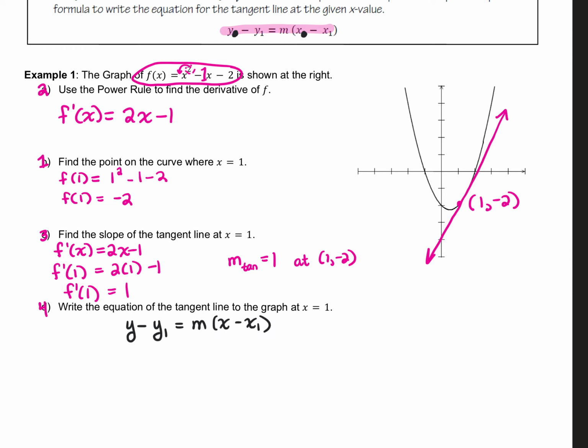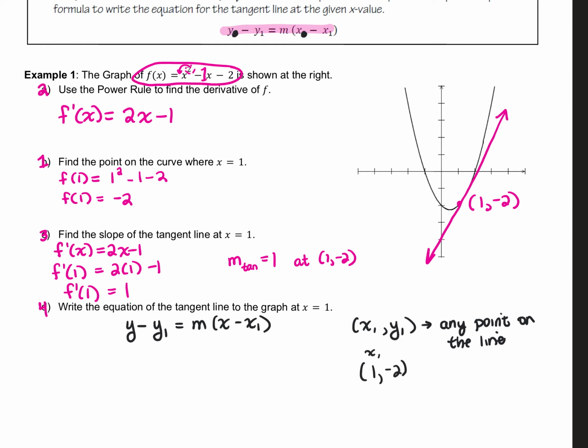This should be familiar. I think we talked a little bit about this at the beginning of the year, very briefly. X1 and y1 are just any point on the line. So in this situation, x1 and y1 is represented by the point 1, -2.